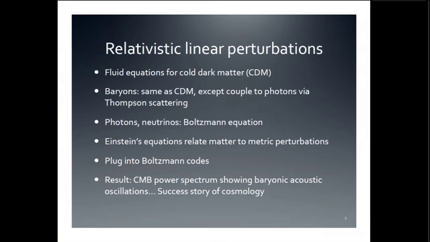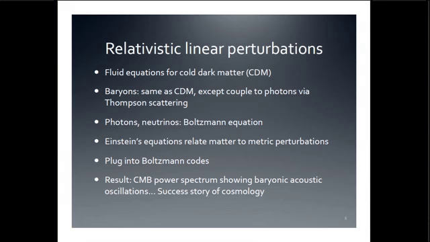On large scales, on scales comparable to the Hubble scale, we have to supplement this with GR. And then for other components, not cold dark matter, but other fluids, for example baryons, we have to supplement this equation also by the scattering term between photons and baryons. For photons and neutrinos, it turns out the fluid description is not good enough.